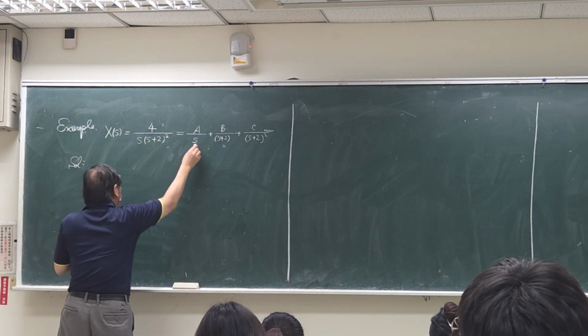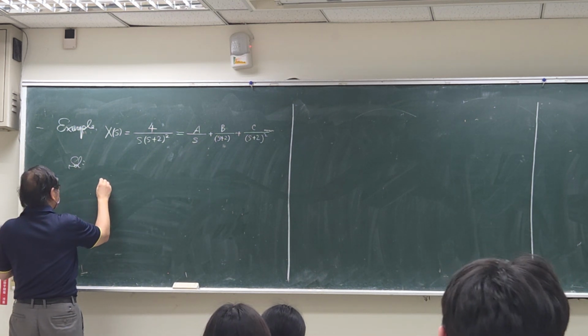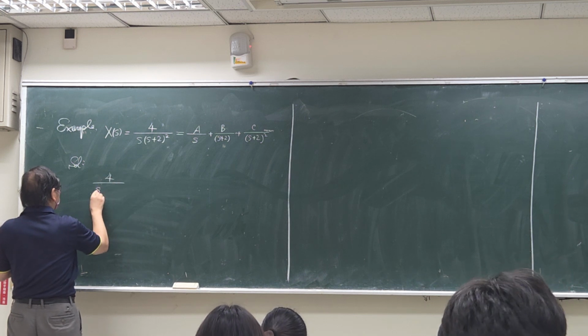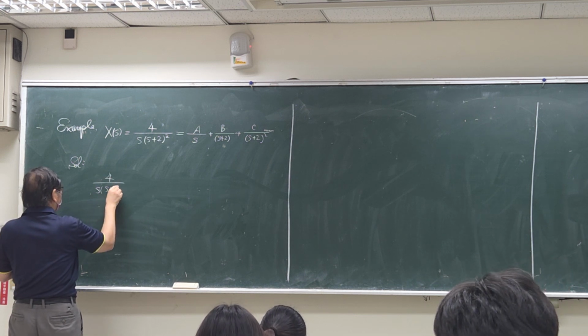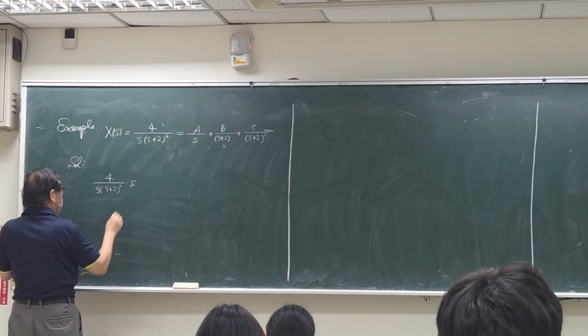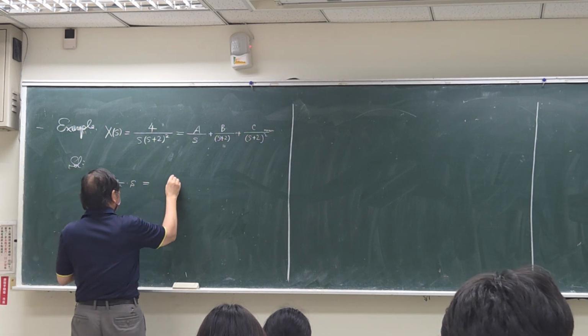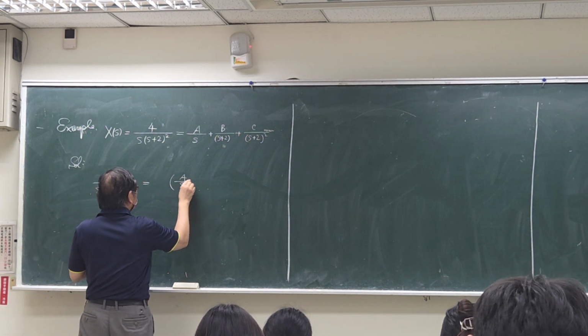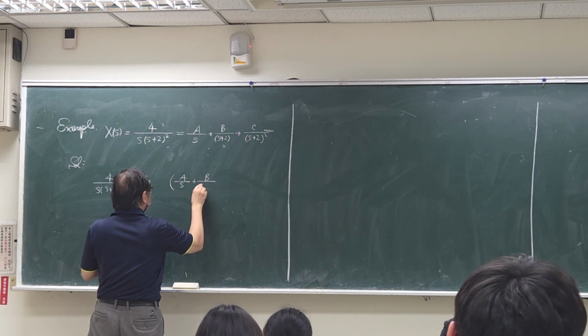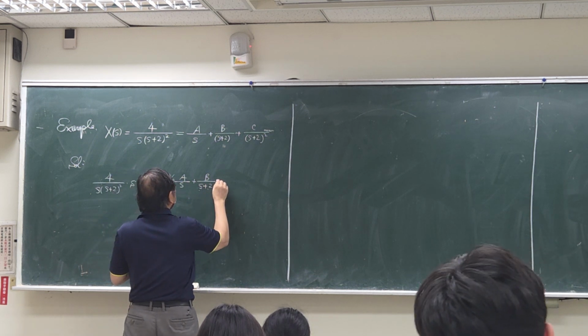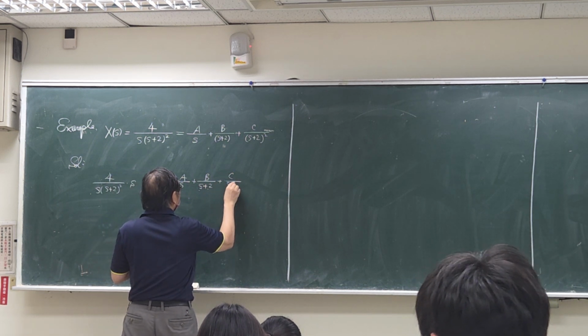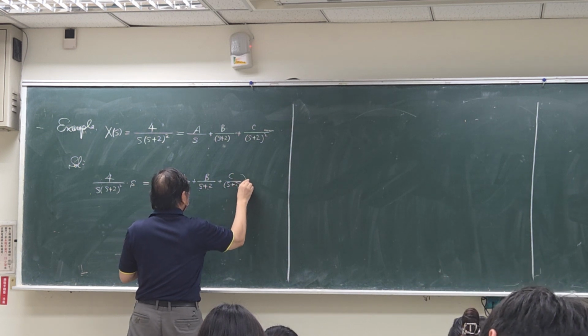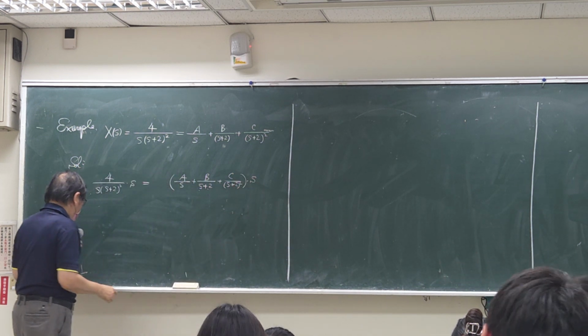Now, finding A is easy, right? So let's multiply the entire function by S, and then we take the limit.